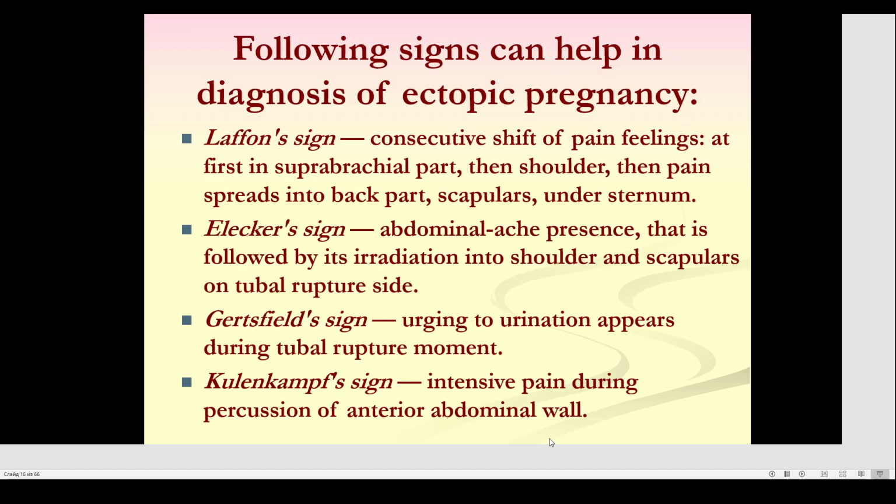Another sign, when abdominal pain is present, followed by its irradiation into the shoulder and scapulae on the tubal rupture side, Ehrlich's sign. Another sign is urging to urination that appears at the moment of tubal rupture. Kulenkampff sign, as I said before, is intensive pain during percussion of the anterior abdominal wall.